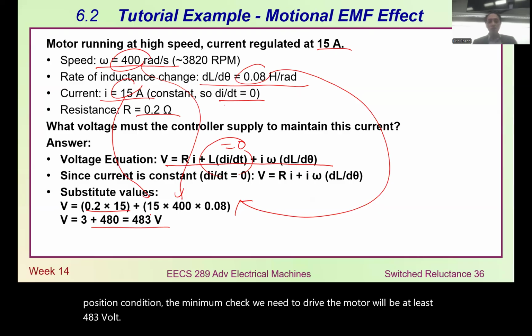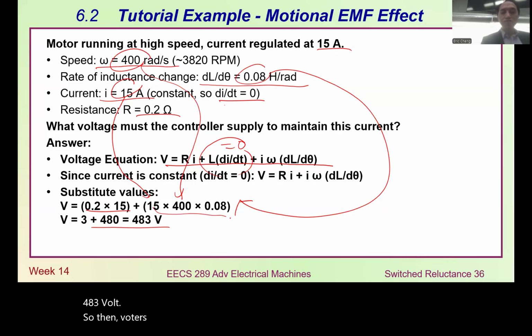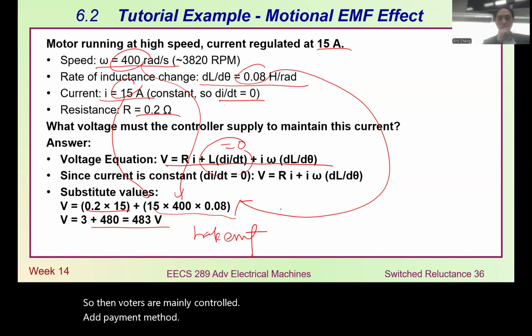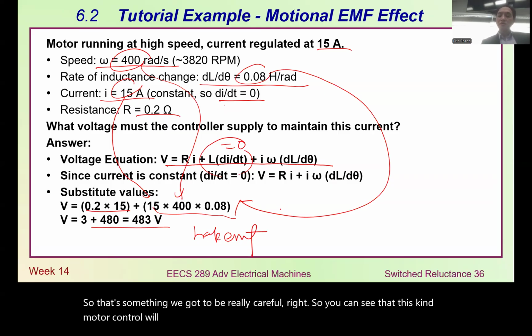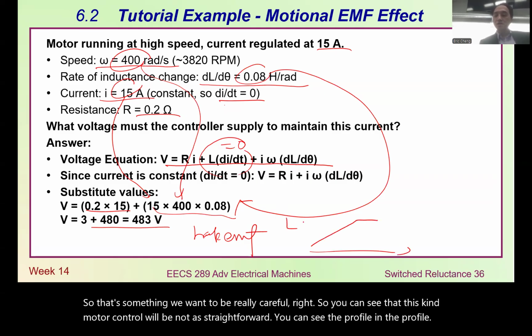So that voltage is mainly controlled by the back EMF. So that's something we want to be really careful about, right? So you can see that this kind of motor control will not be straightforward. You can see the inductance profile will be like that.